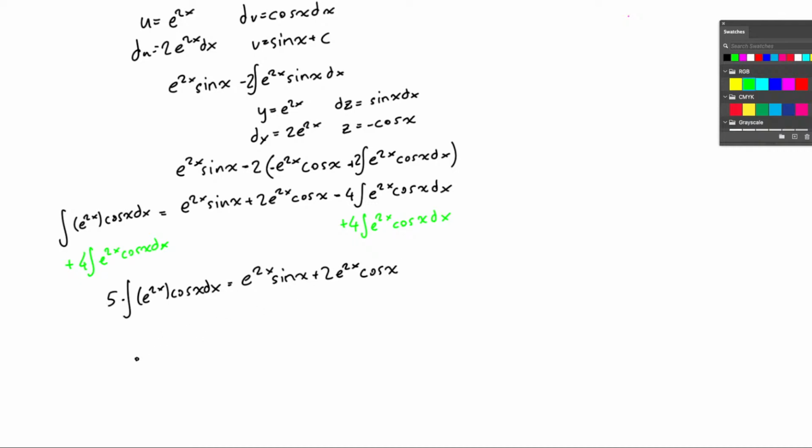And that means the integral of e to the 2x cosine x dx equals e to the 2x sine x plus 2e to the 2x cosine x over 5, plus c.